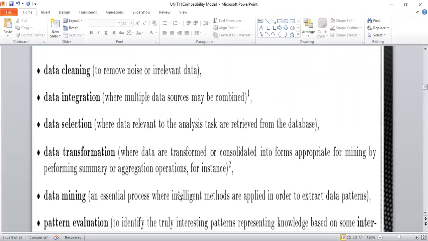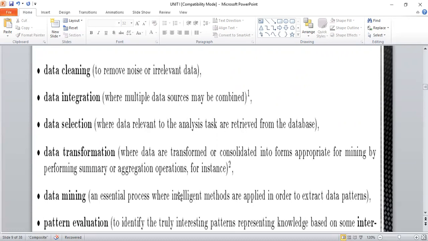What basically is noise? Noise is basically a random or some variance error that you have to tackle, or you have to find some strategy so that it will not affect the accuracy of your final result.